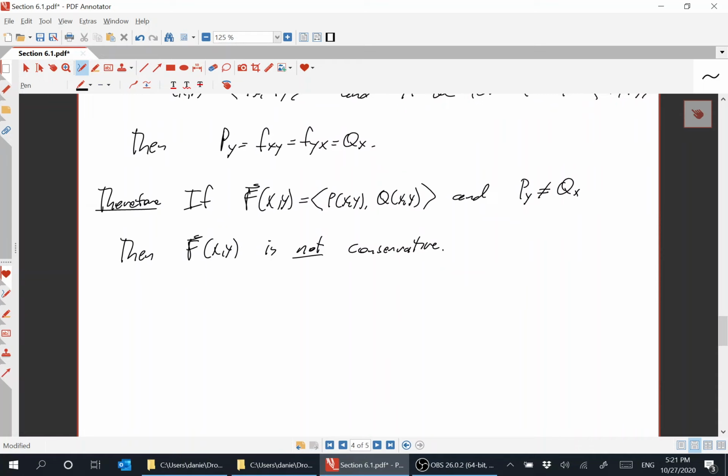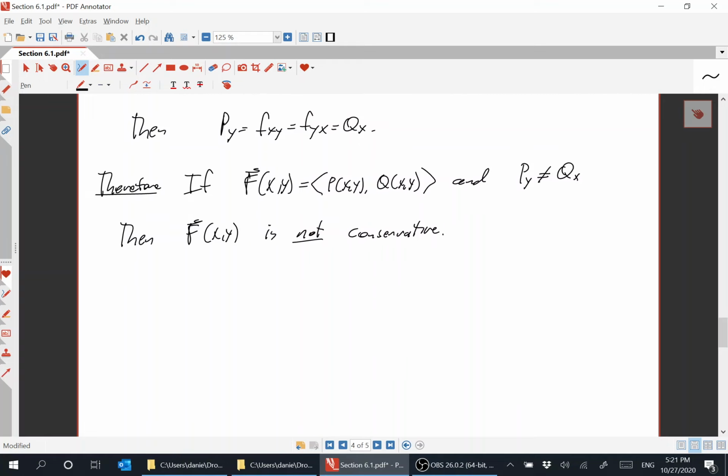Now, actually it works the other way around as well, and we'll talk more about that in subsequent sections, but for now we'll just go with this, okay? If you have a vector field F equal to P comma Q that has the derivative of P with respect to y not equal to the derivative of Q with respect to x, then it's not conservative.